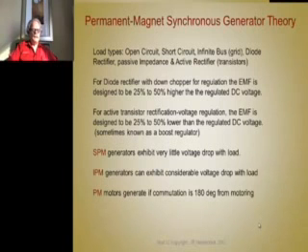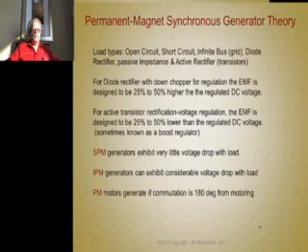For a diode rectifier with a down chopper for voltage regulation, you usually design the output to be 25 to 50% higher than the DC voltage you want to regulate. For active transistor rectification, it's the opposite. The back EMF is designed to be 25 to 50% lower than the DC voltage to be regulated.